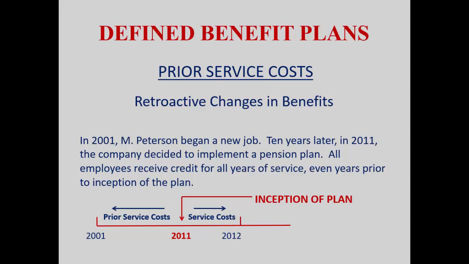So they started the job in 2001, they did not have a pension. 2011, they did. So going backwards, because the employer wants to grant this pension award as to the beginning hire date, they're going to backdate it. That is your prior service cost. Current service costs are for this period only.